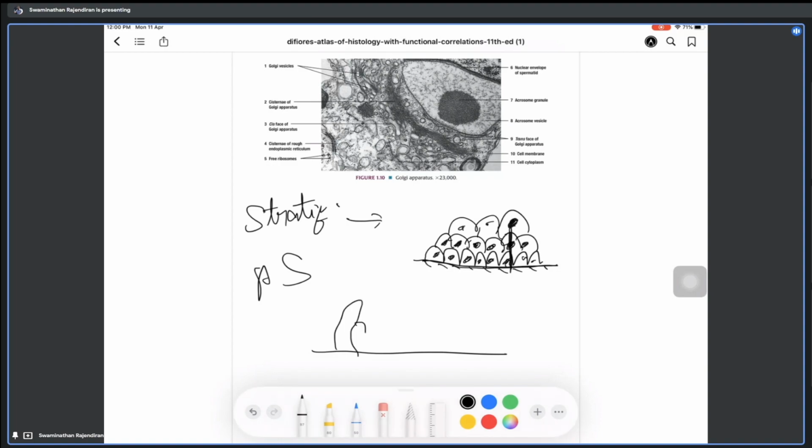The nuclei are arranged at different levels, and the cells are at different levels. So when you see superficially, it may look like different layers of cells. But when you trace each cell, they are all connected with the basement membrane.